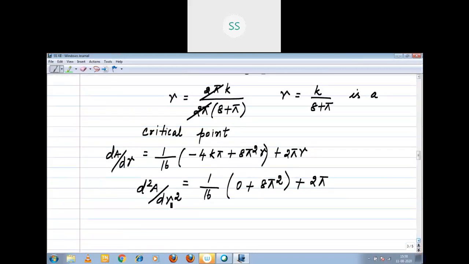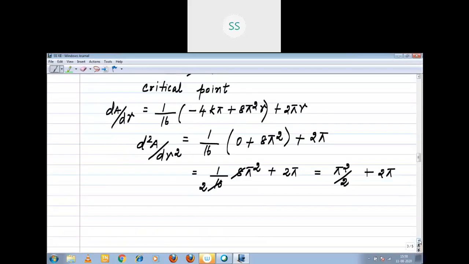What can you get? 1 by 16, 8 pi square plus 2 pi, which is equal to pi square by 2 plus 2 pi, right? Here there is no r. Everything is positive. Directly you can conclude, right?